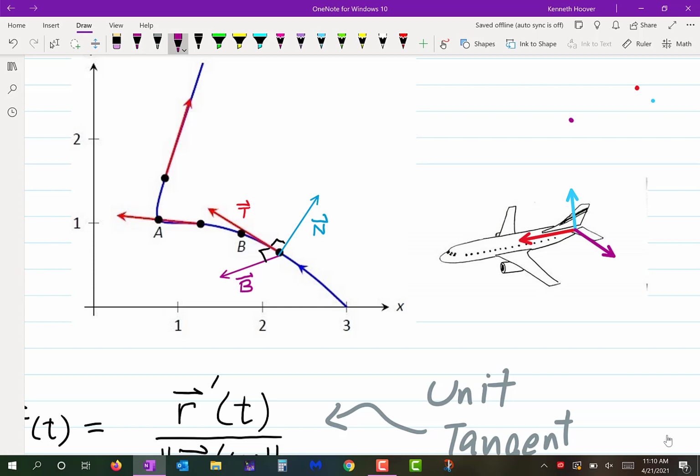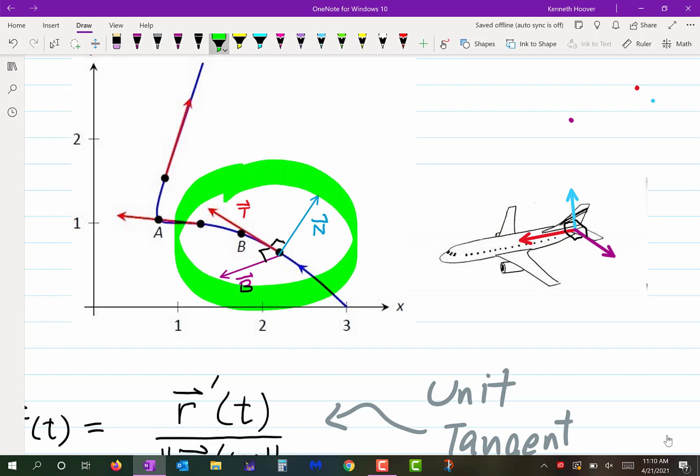Those are all orthogonal to each other. And so I imagine those 3 vectors as sort of an airplane flying along there.